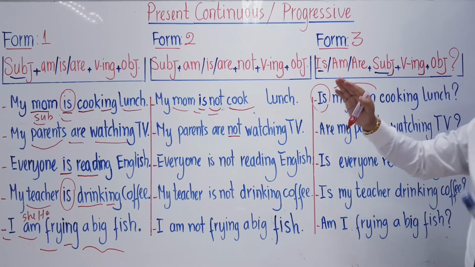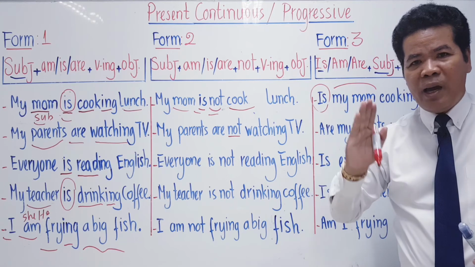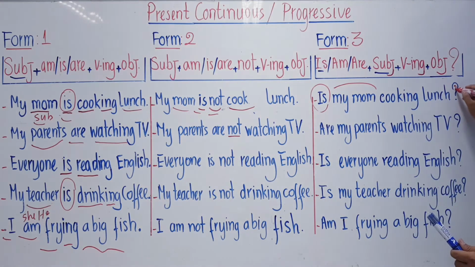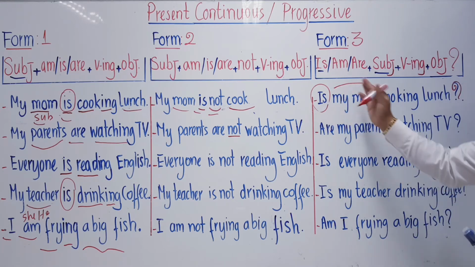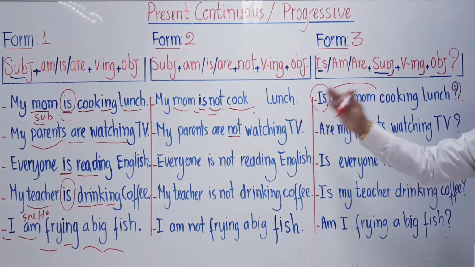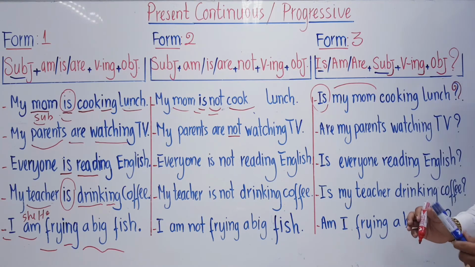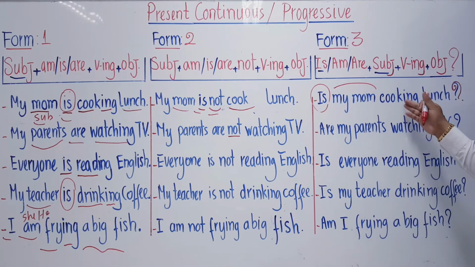You don't need to add anything more. The only thing you add is a question mark to the sentence, and move the verb to be to the front, followed by the subject. So, is my mom cooking lunch?